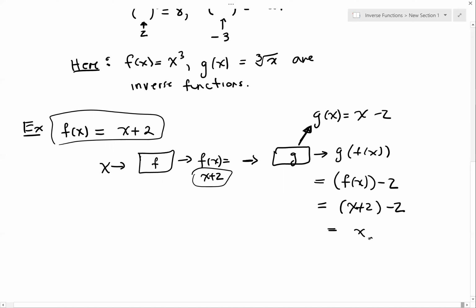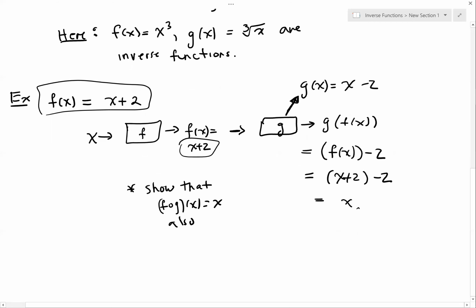Now, this isn't a complete proof that f and g are inverses. Technically, you should show the opposite is also true. So here's a little exercise for you. Show that f of g of x equals x also. What we just did is g of f of x.